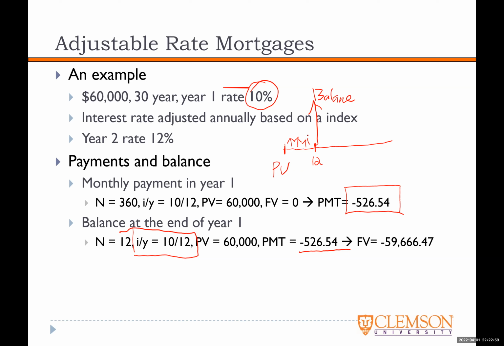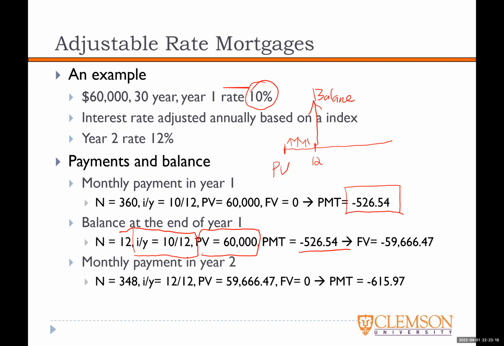So the present value of all those payments should equal the PV, which is the loan amount. You enter the numbers into your calculator, you should get a future value of $59,666.47. So now we know the end of year one balance is also the beginning of year two balance.